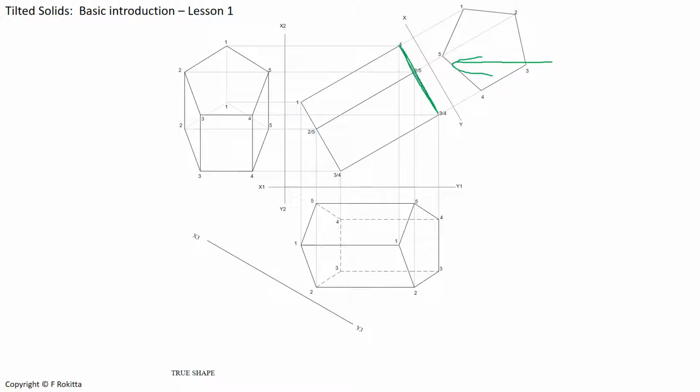Because this is the surface that we see first, we know that in our right side view, this whole profile will be seen as one full surface. And then the base will be hidden because numbers 1 to 2 and 1 to 5 will be hidden in the back when we are looking at the front view from right to left.